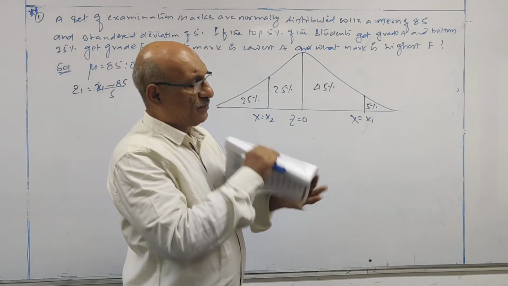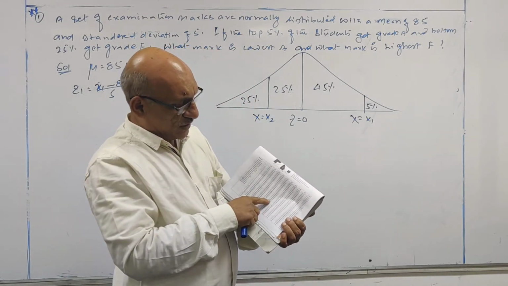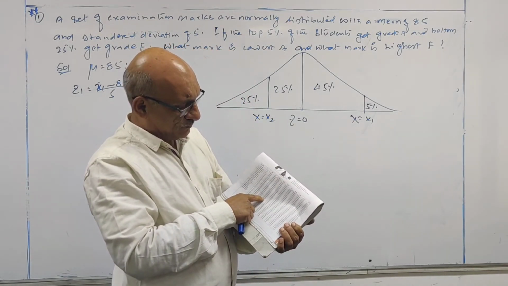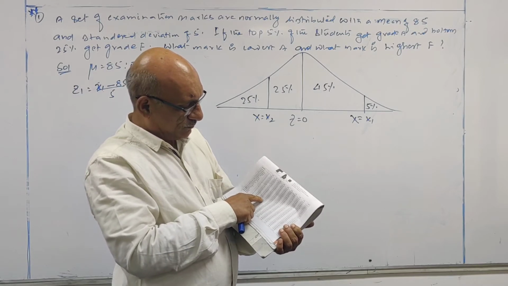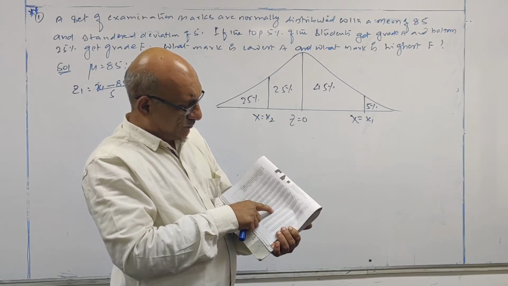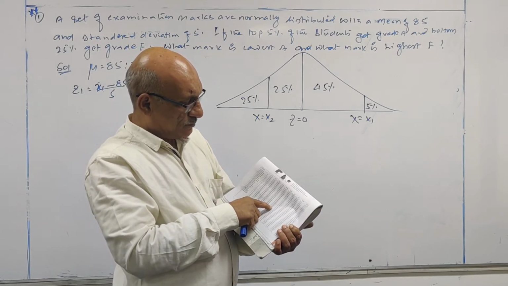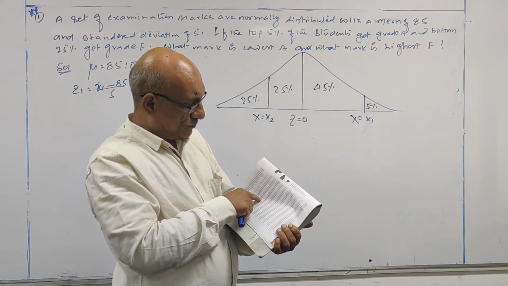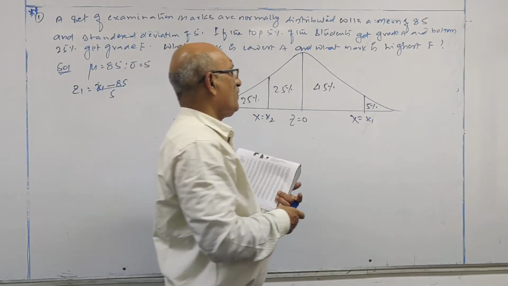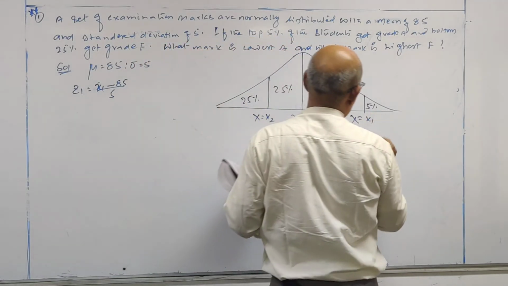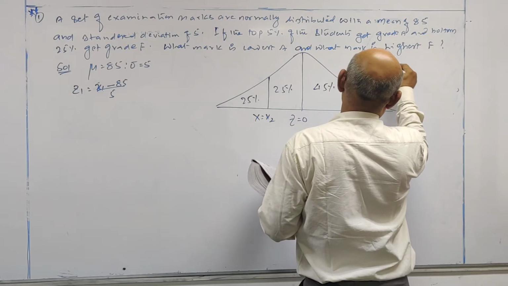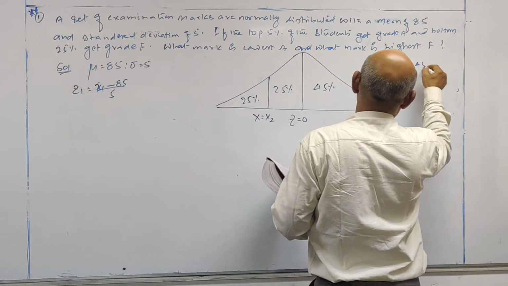Here I have to search 0.45. So it is 1.645, when z is equal to 1.645.